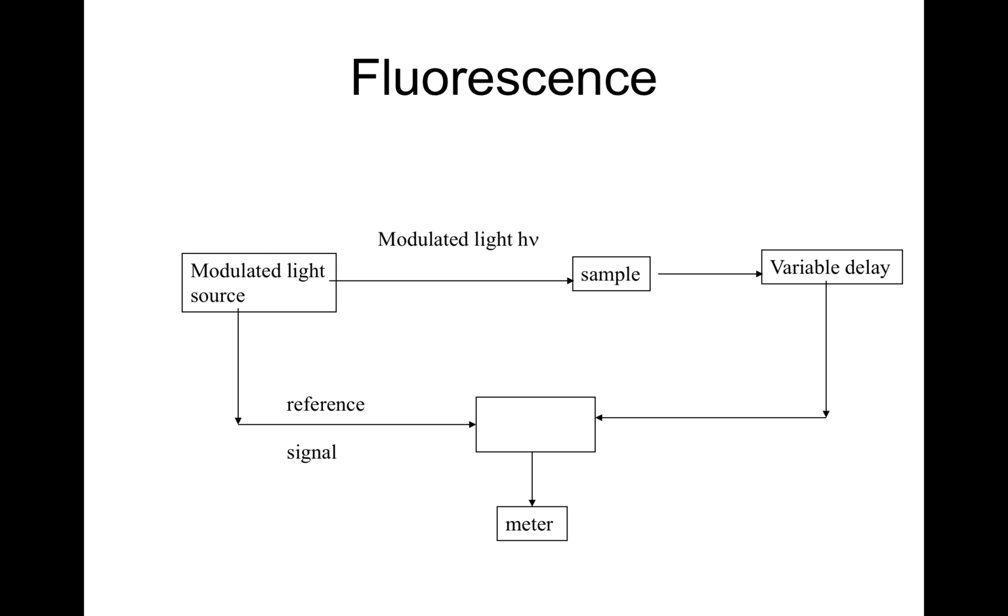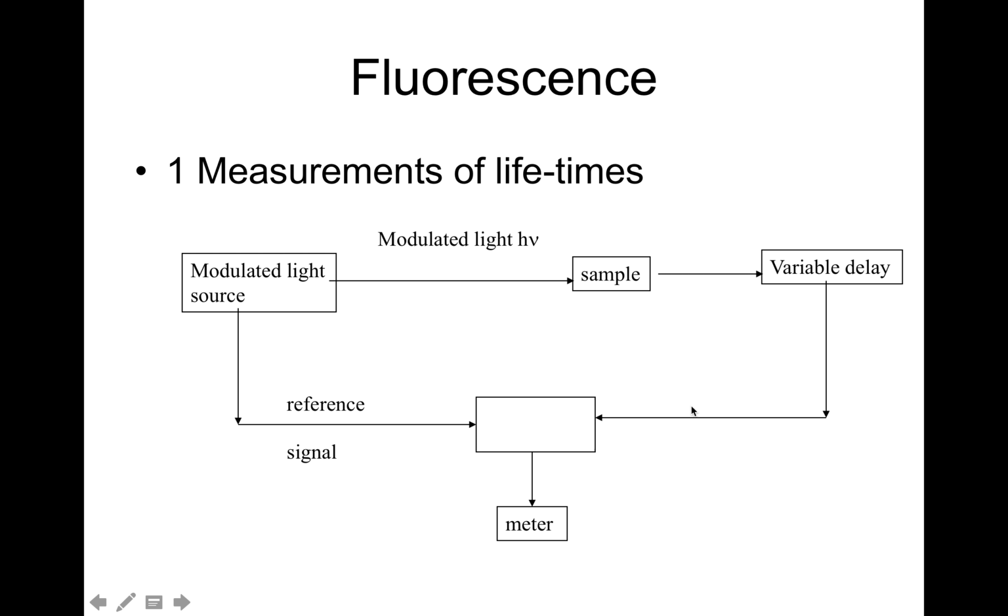How do we measure fluorescence? We measure fluorescence by measuring its lifetimes. Here we have got a modulated light source, which is sent to the sample and to a variable delay. On the other side, we also have a reference beam which goes through there and goes to the detector here, where it meets the one that went through the sample.